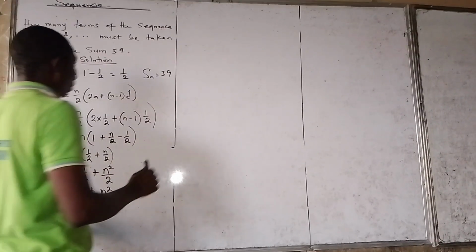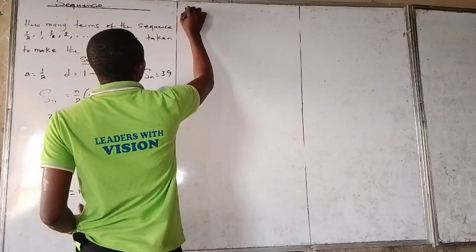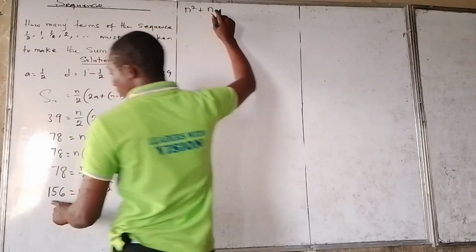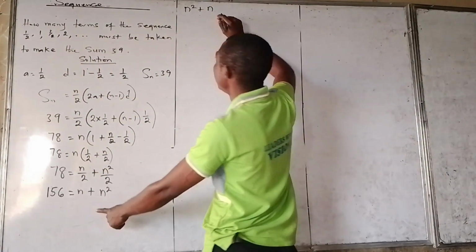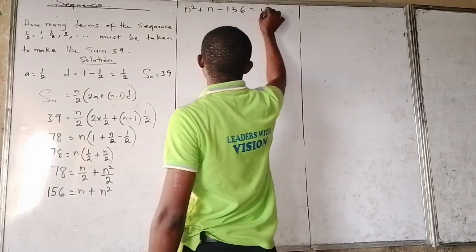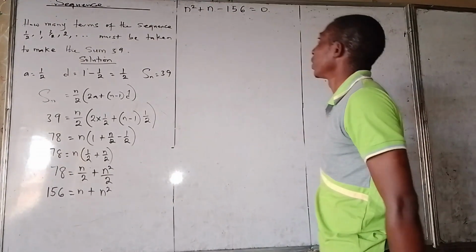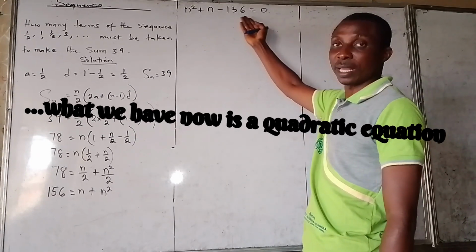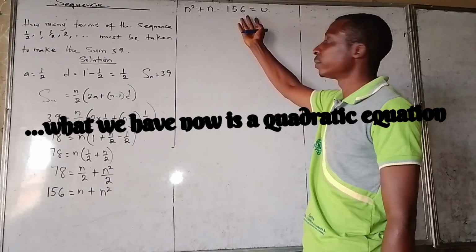This quadratic equation can also be written in this form, n squared plus n. When you move this one to this side, the sign changes to minus 156 equals 0. Okay, so now here you can use any method to solve this problem.